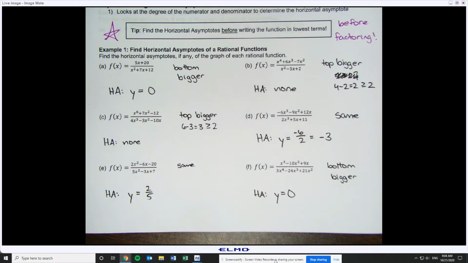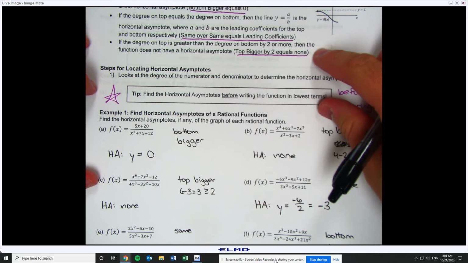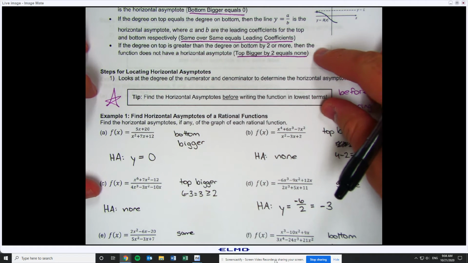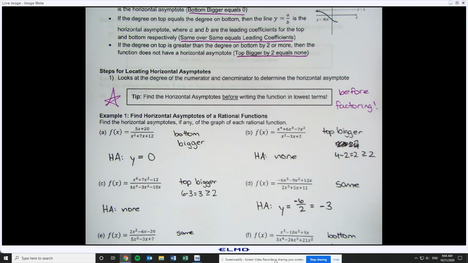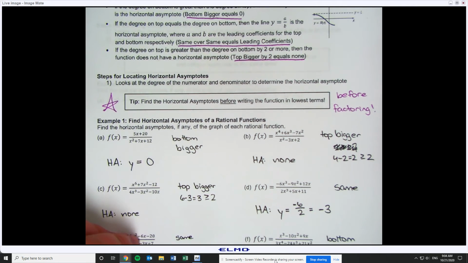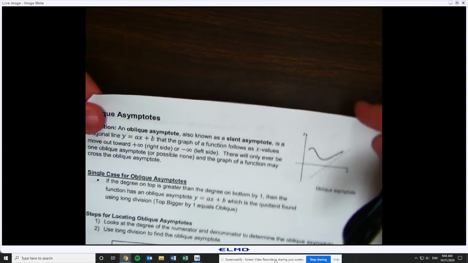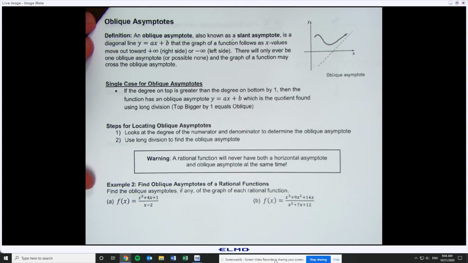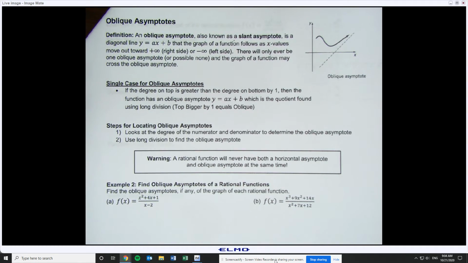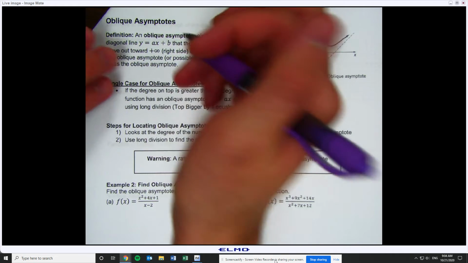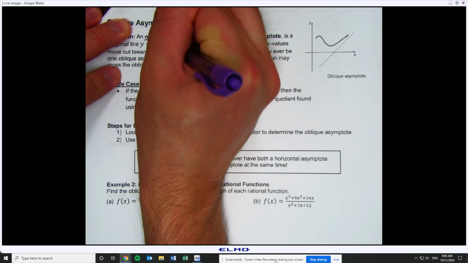We're going to shift over to another type of asymptote that brings in this other situation. What if the top degree is bigger by only 1? Well, for those situations, we are going to have what are called oblique asymptotes, or you might hear them called slant asymptotes. Either are the correct way of calling them, just depends on the book that you're currently using.